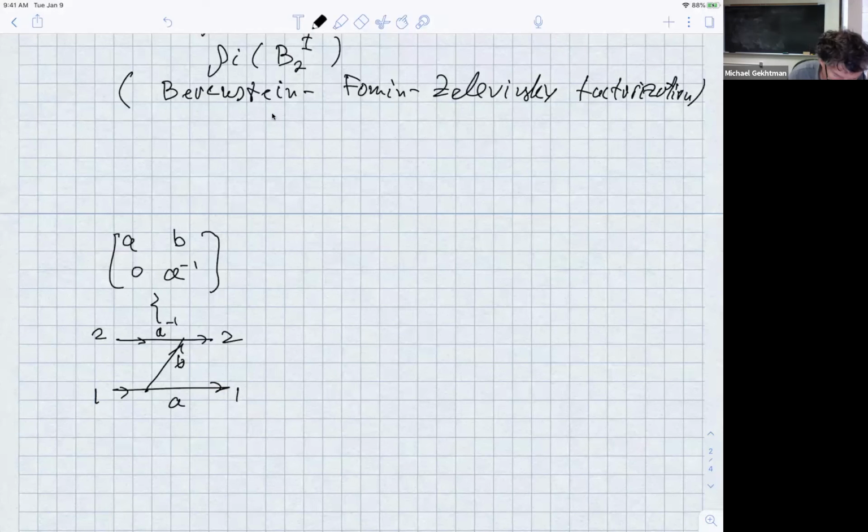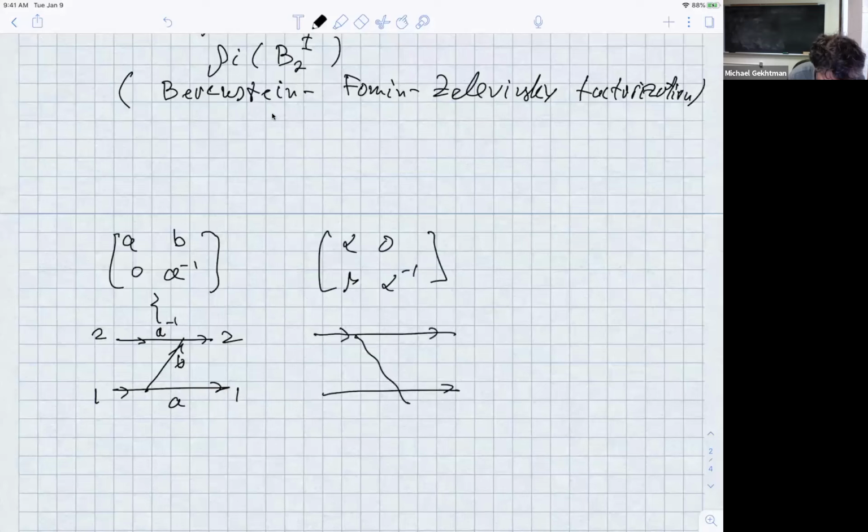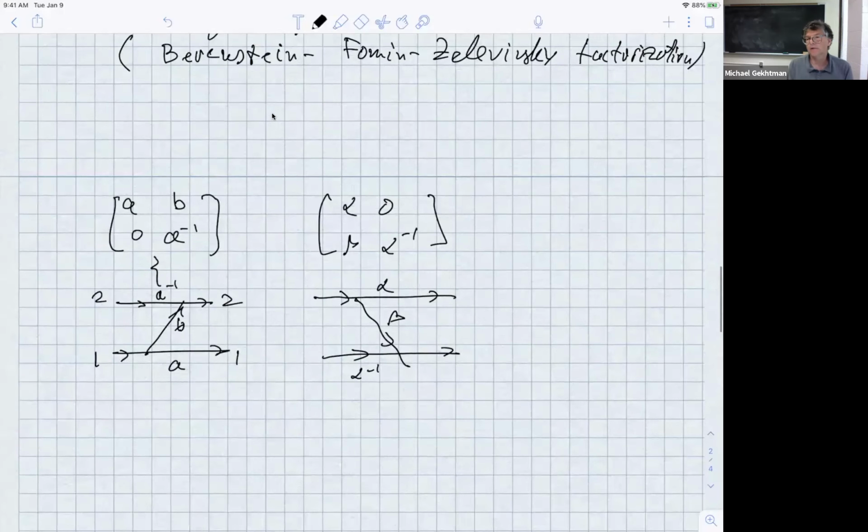Similarly, if I have, let me use different letters, alpha, alpha inverse, beta, I can replace it with another picture, which looks like this. Same arrangement of weights: alpha, alpha inverse, beta. And then I can multiply matrices, of course.